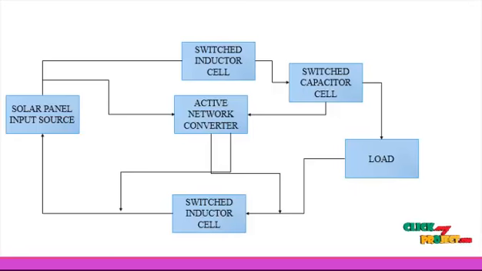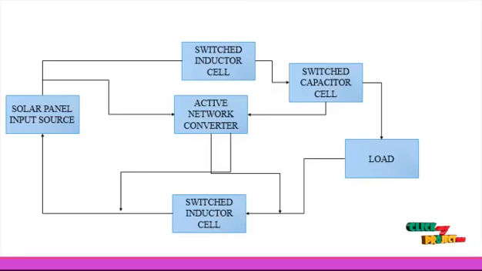Here we give 1000, and the unit is watts per meter square. With 1000 watts per meter square and the connection of 72 cells, the output of the solar panel is 44 volts. Then that voltage is connected to the active network converter, switched inductor cell and capacitor cell.